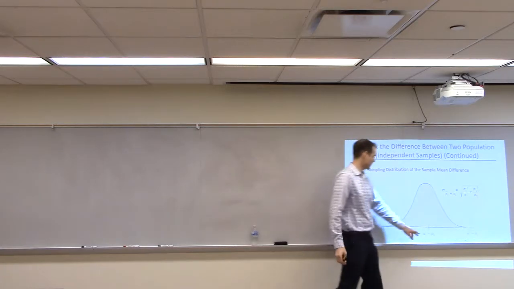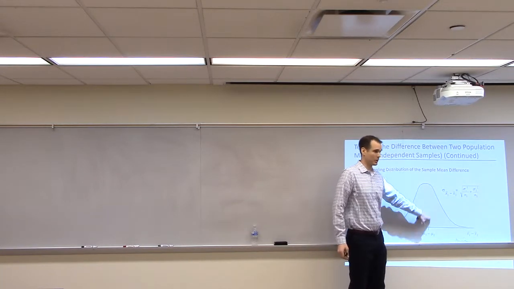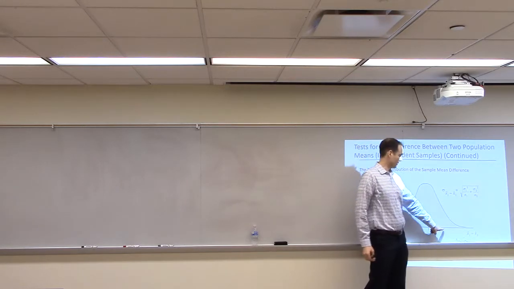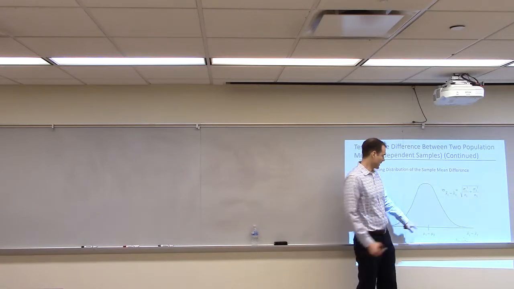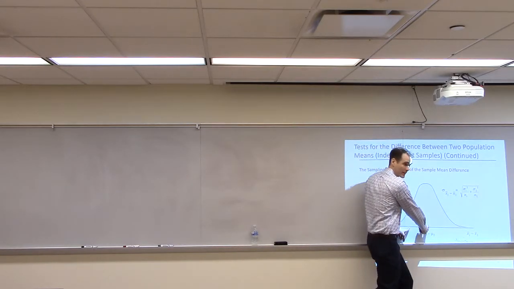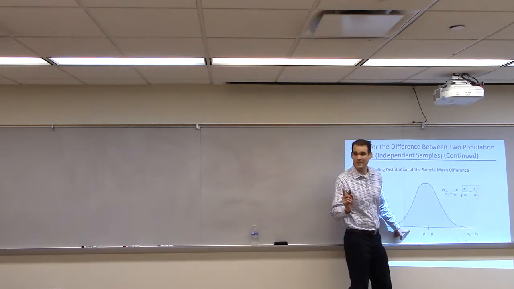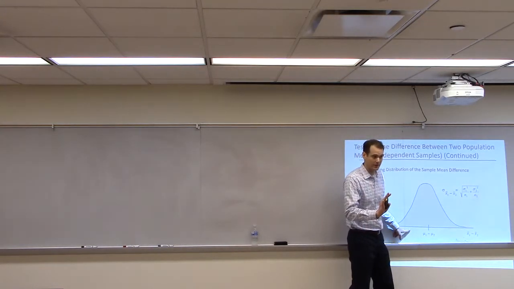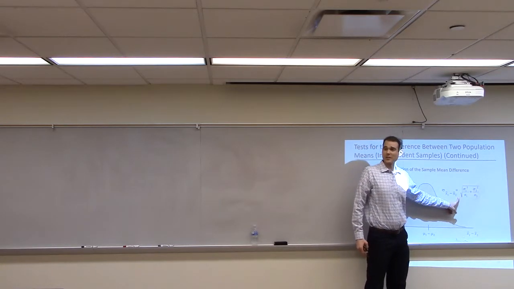If what I say is true, then this is the mean of this frequency distribution. Your sample mean difference is going to fall somewhere on this. So you want to see how far away your sample is from what I say is true. More importantly, you want to know how many standard errors of difference that is. So you need to calculate standard error. Remember this formula from confidence intervals?